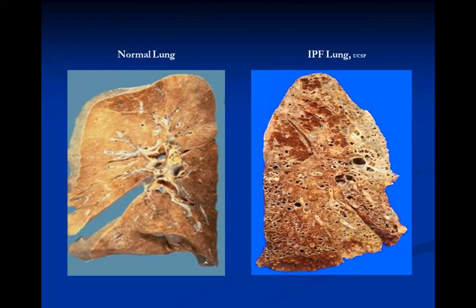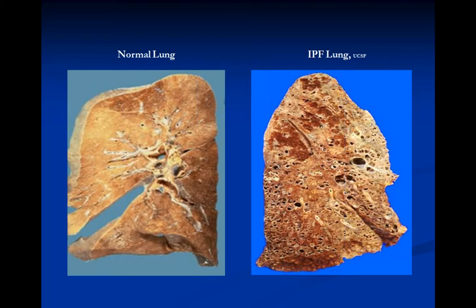Interstitial lung disease or diffuse parenchymal lung disease involves many diseases. Out of all these diseases, the classical disease is idiopathic pulmonary fibrosis. Compare in this diagram: to my right side it is showing idiopathic pulmonary fibrosis lung, and to my left side normal lung.